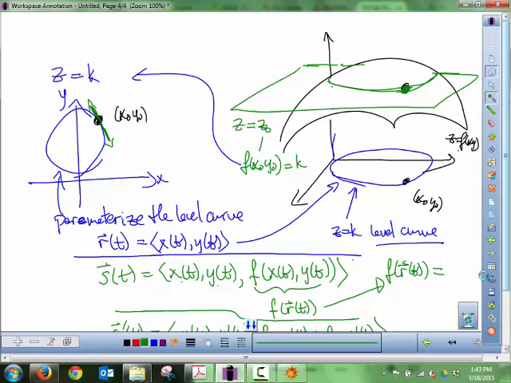What can it equal to? There are three things on the screen right now that it could equal. It could be equal to k. It could be equal to z naught. It could be equal to f of x naught, y naught. But the point is, it's equal to a constant.